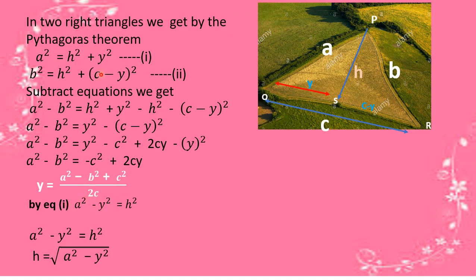Now as the equation says, a square is h square plus y square, so h is under root a square minus y square. Now by putting the value of y, we get the height of this triangle is square root of a square minus ((a square minus b square plus c square) upon 2c) whole square.